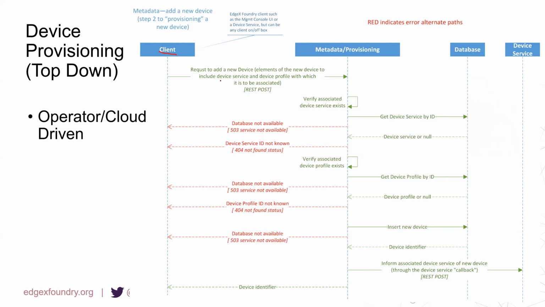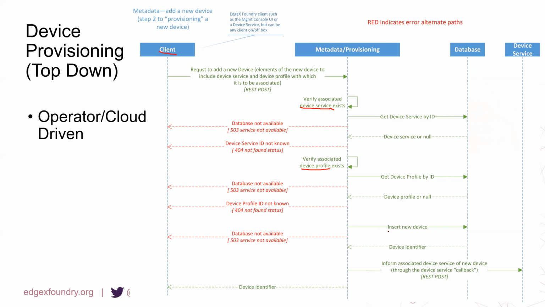I know Jim went over this timing diagram last week, but it is important for what we're talking about today. So metadata will receive a request from whatever this operator client is to add a new device. Going back to our triumvirate, we need to make sure that our device service object exists. And we need to make sure that our device profile exists in order to create a mapping between those objects.